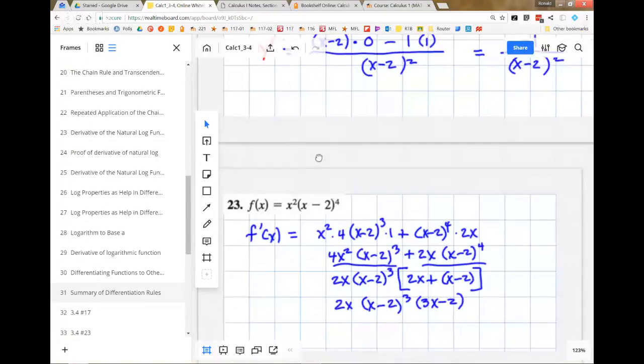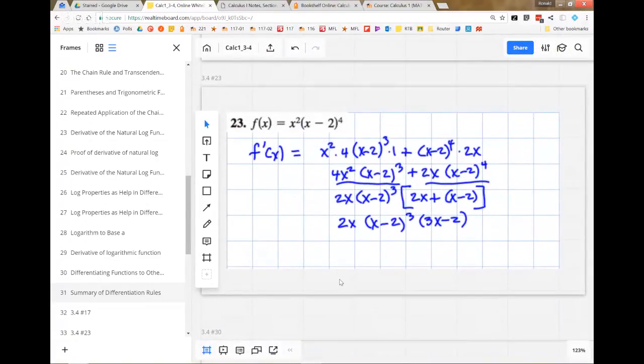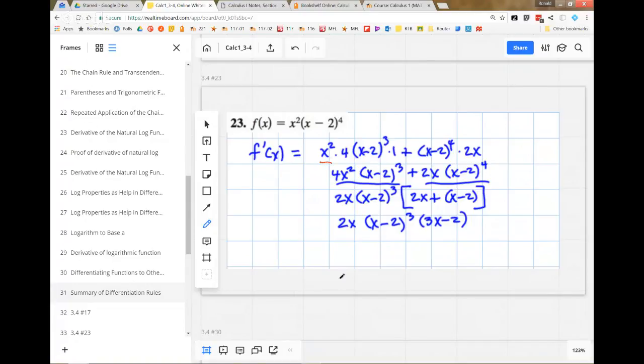All right, so let's do number 23 on the assignment. This is a product rule. Let's get at it. You've got the first, times the derivative of the second. What's new here is, you do the power rule, you bring the 4 down as a factor, you reduce the power by 1.